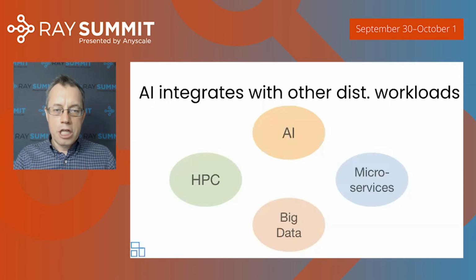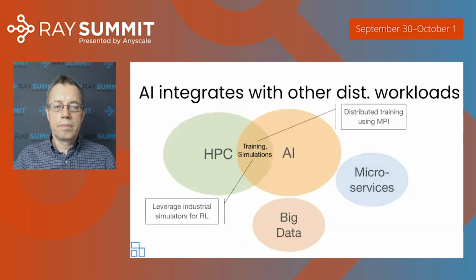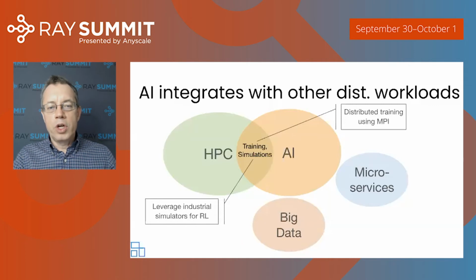However, this is changing. Not only are applications becoming AI-centric, but more and more of these applications integrate AI with other distributed workloads. AI is already overlapping with high-performance computing. Distributed training systems like Horovod are leveraging MPI, a system developed by the HPC community over the past 30 years.